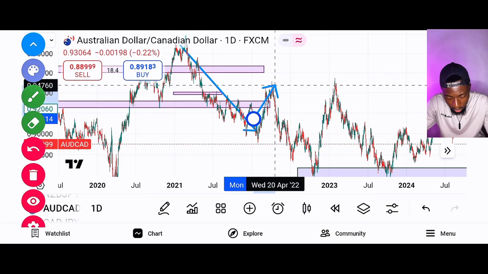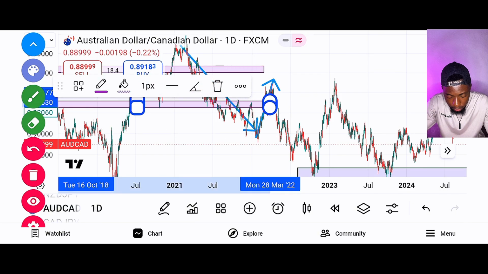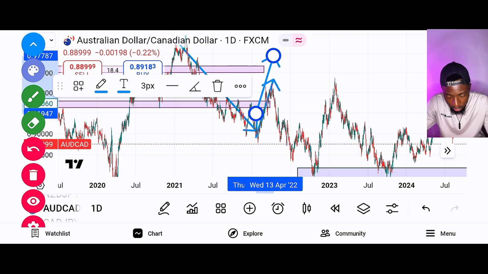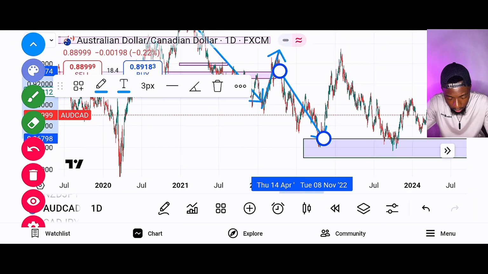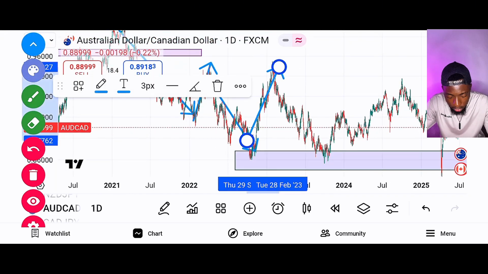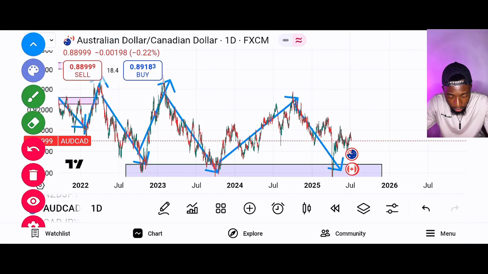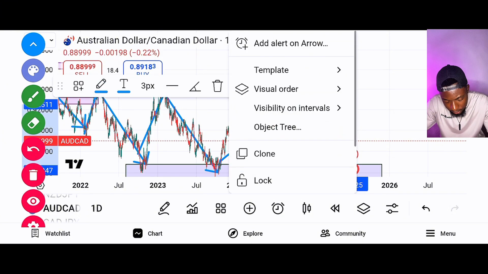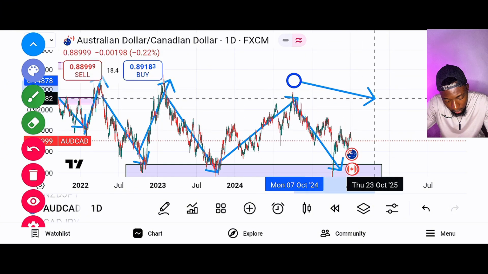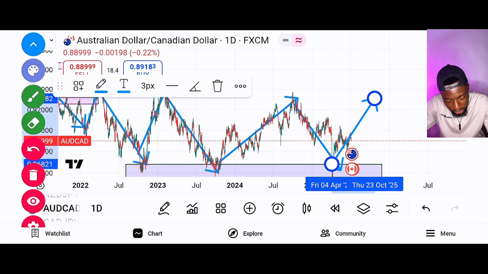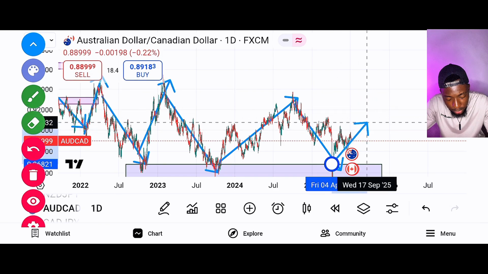It pulls back up, then, and this is what is happening right now. So if this market is retracing now, where do you expect the retracement to end?